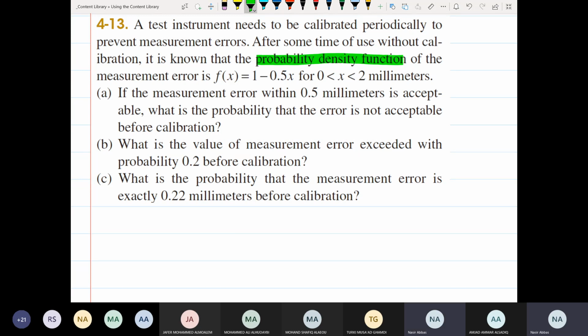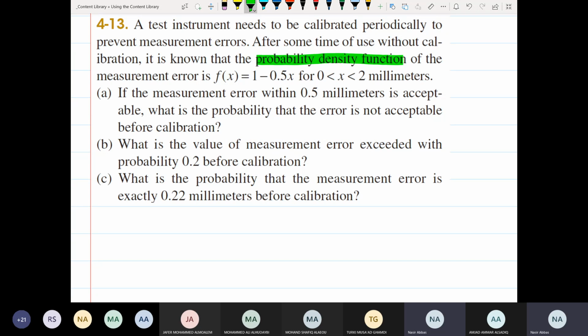So the lower limit of x is 0 and the upper limit of x is 2 millimeters. If the measurement error within 0.5 millimeters is acceptable, that means less than 0.5 millimeters, if that is acceptable, what is the probability that the error is not acceptable?